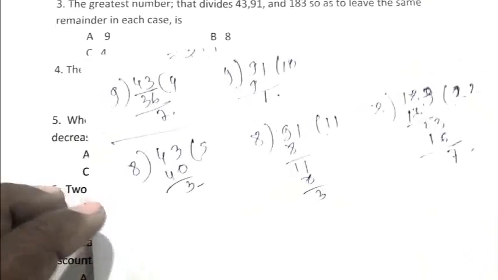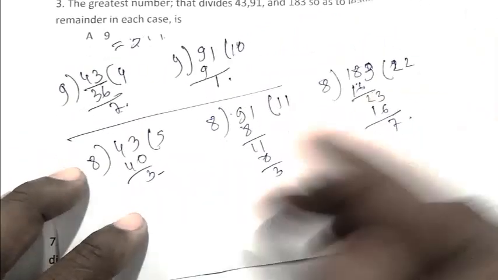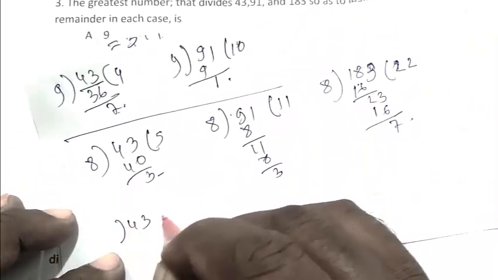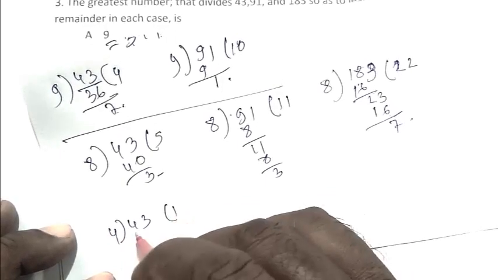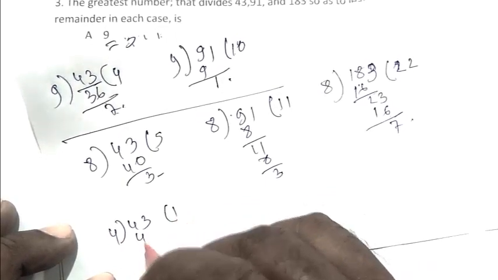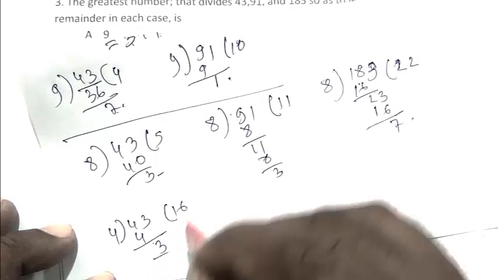So after that we divide the numbers by 4. We divide 43 by 4 we get 3 as a remainder.